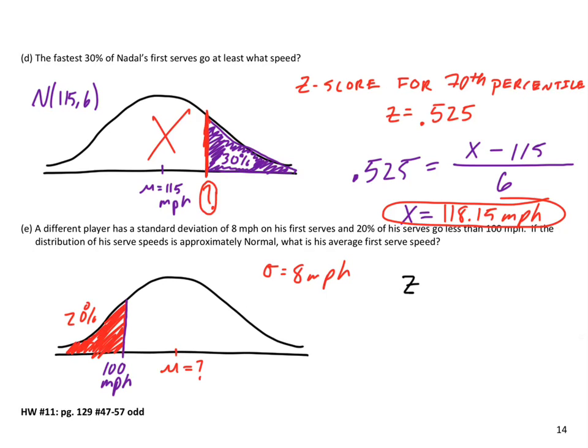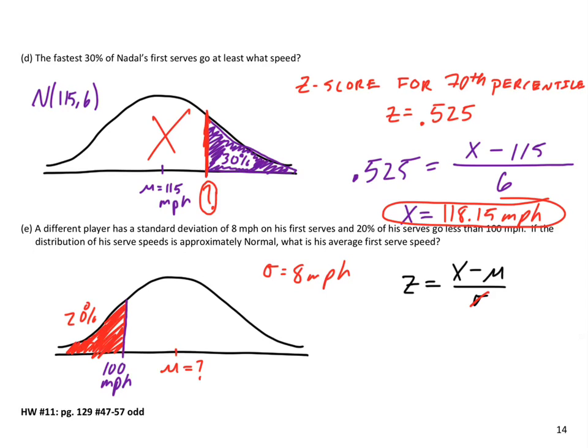So don't forget the z-score formula. X minus the mean divided by standard deviation. Actually, I use mu for this. So you know almost all those values. You don't know the mean, but you know what standard deviation is.